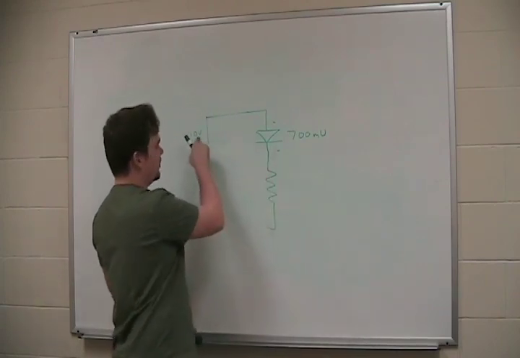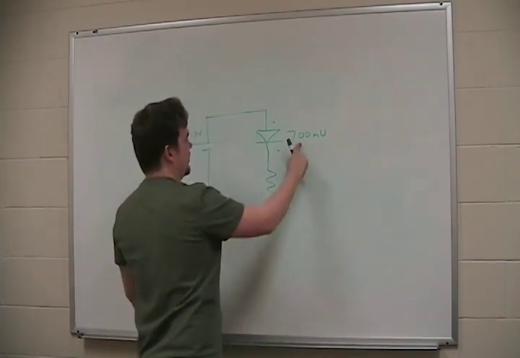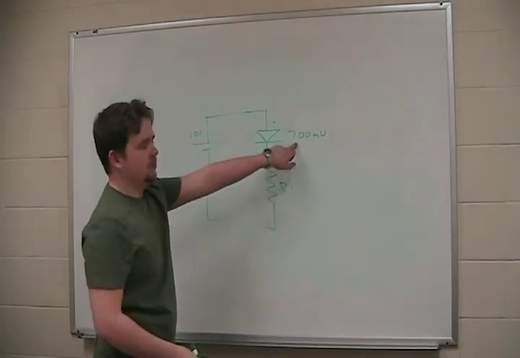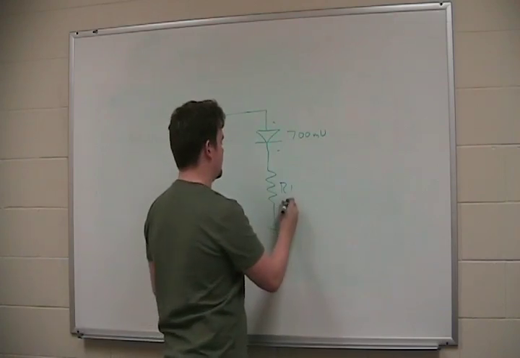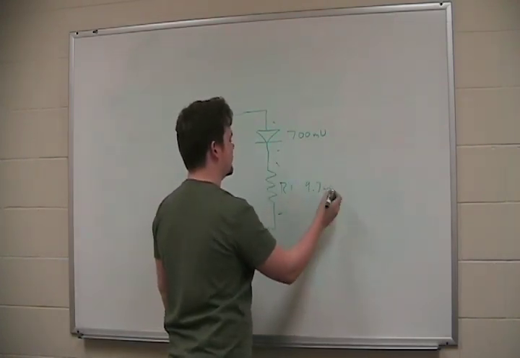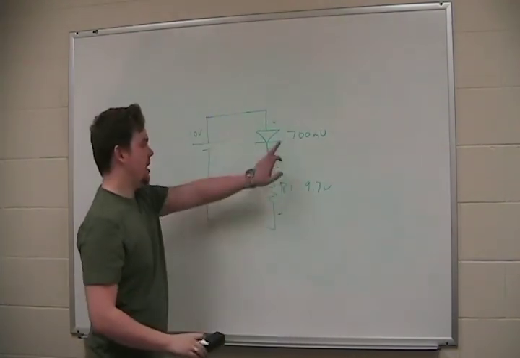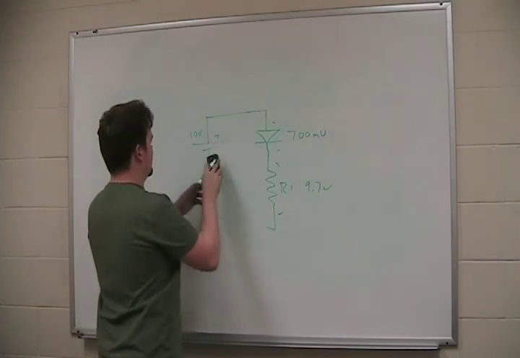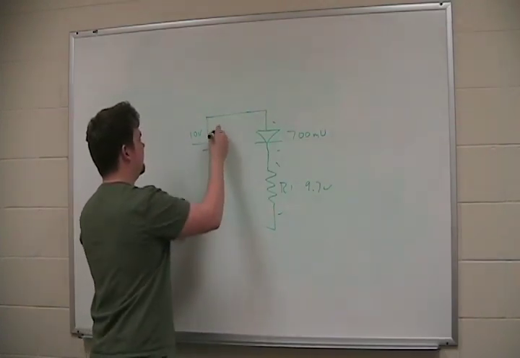So we have 10 volts here. We got one resistor, 700 millivolt drop. We're going to have 9.3 volts across the resistor, because there is a drop here. Remember, this is the positive, it's the negative.